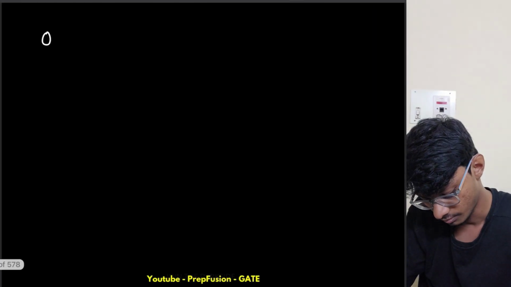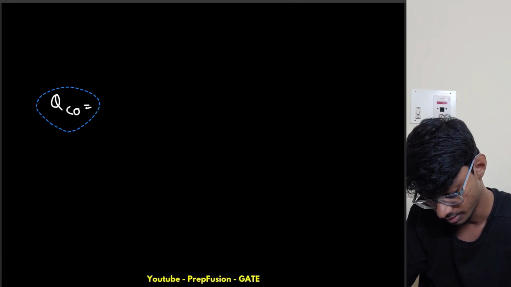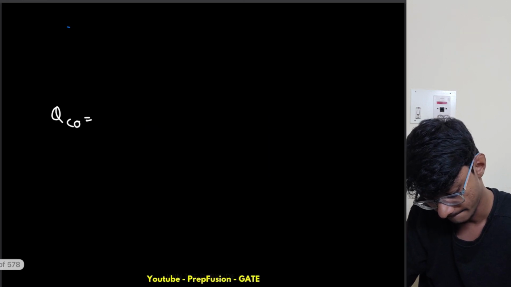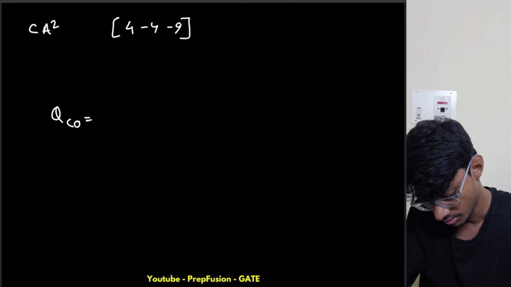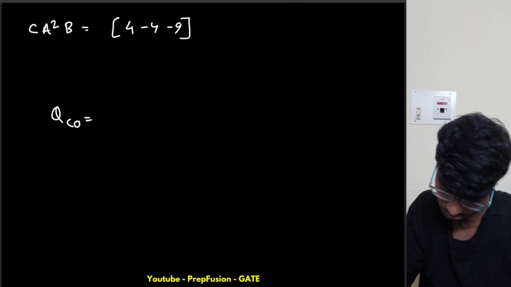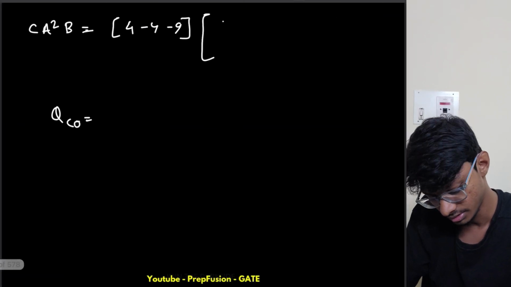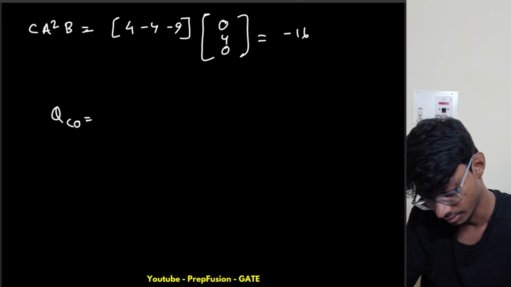Again I have to multiply this with B also. So CA square times B, what is CA square times B? B is 0 4 0 basically. So again what do we get? We get minus 16 over here.